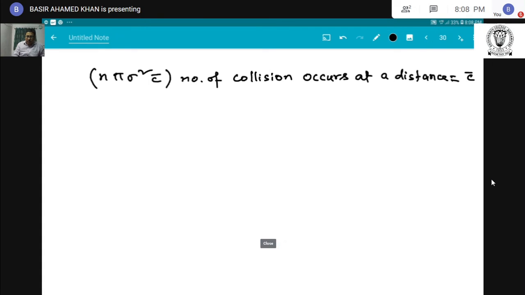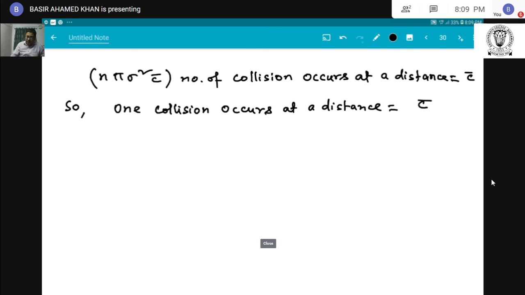So one collision occurs at a distance equal to c bar divided by n pi sigma square c bar, and this is the mean free path.